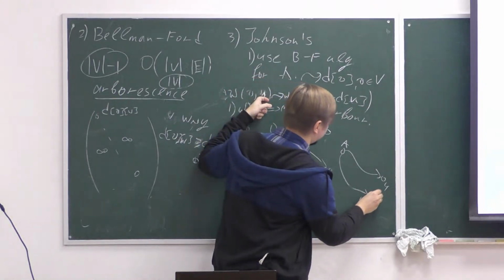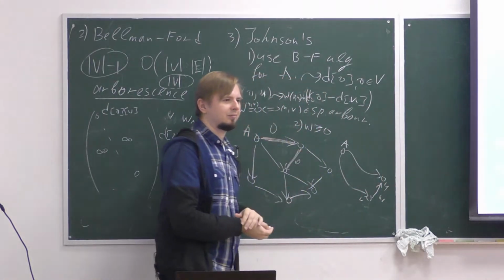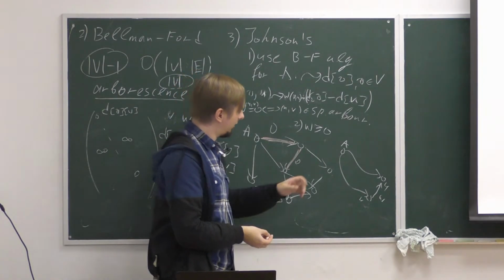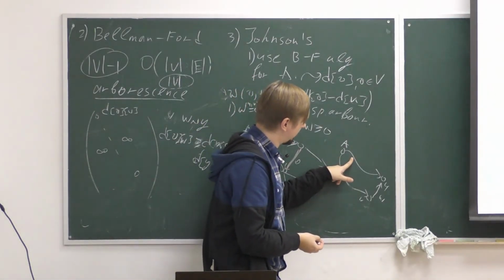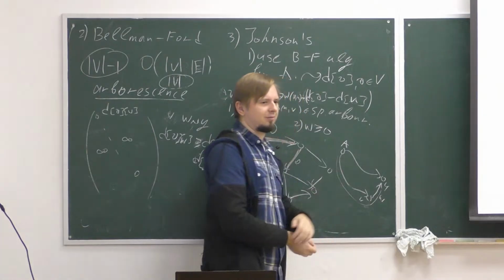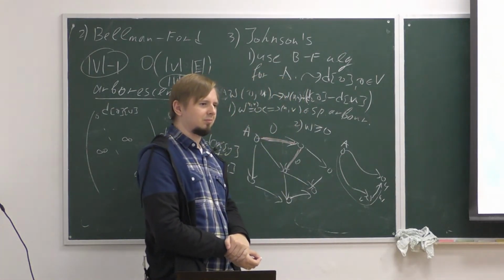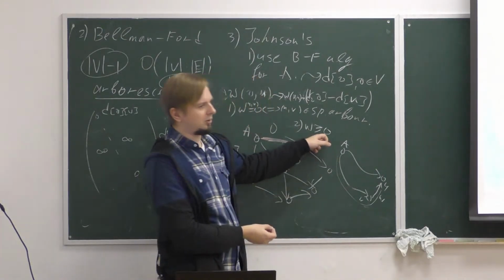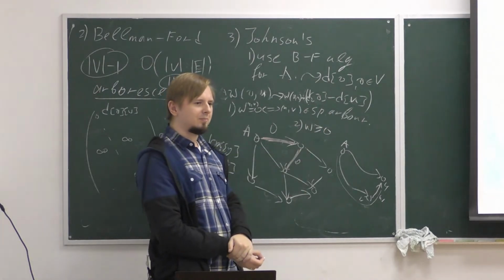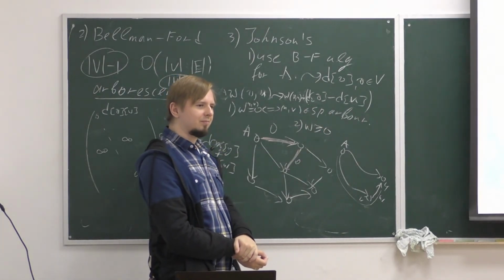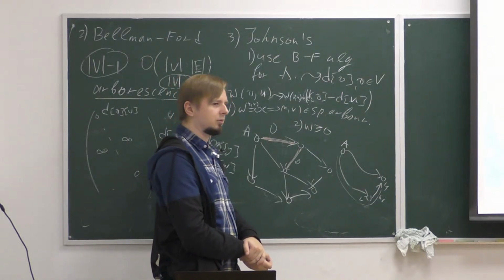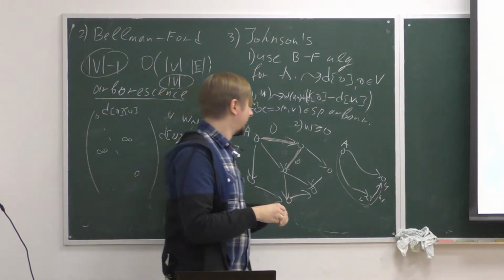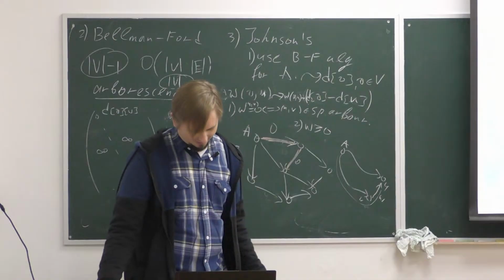If the shortest path goes through that edge, you will have 0. Otherwise it will be more, more than 0, not 0. So I think you should think about it, and you will see.